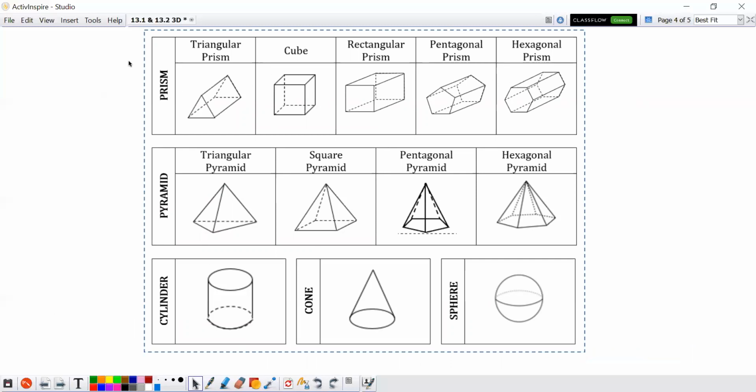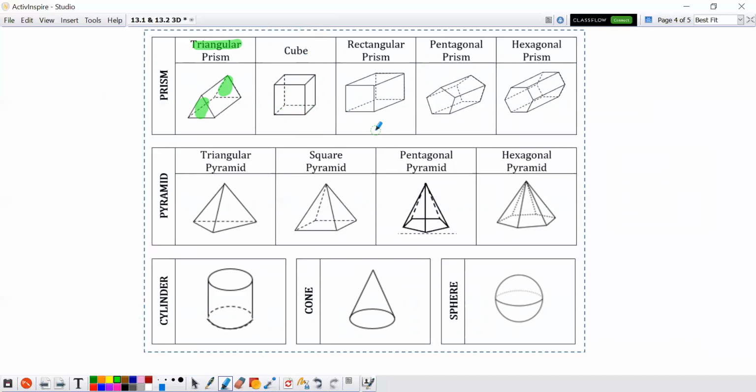If you can see, all this top row right here are prisms. They're all prisms because they all have two bases and they get named after whatever shape their base is. So for example, on this one, my two bases are triangles, so it's called a triangular prism. This one's a cube because all sides are equal, all faces are equal.